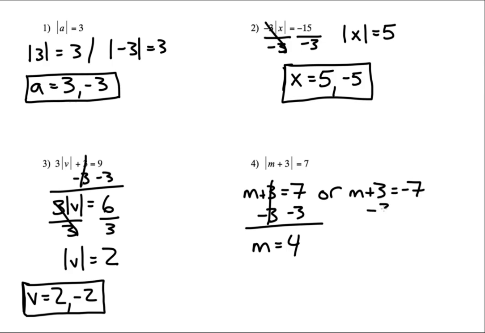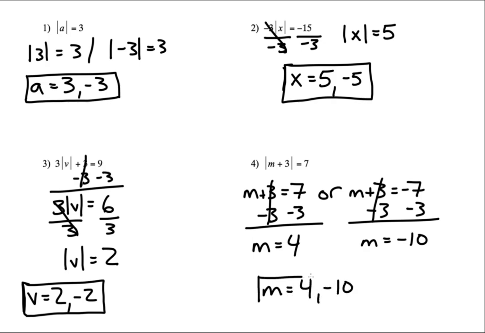If I subtract 3 here and subtract 3 here, once again the 3's cancel, so m would equal -10. So in this case, m equals 4 or -10. If it's equal to either of those, then it will solve this equation up here.